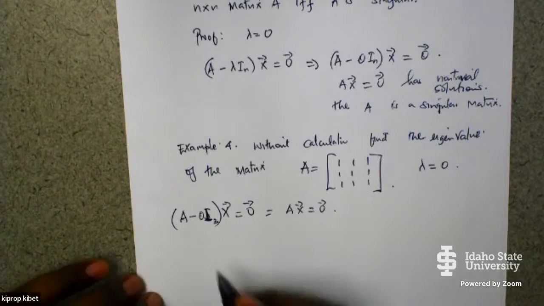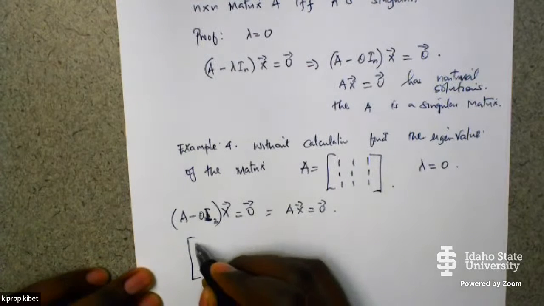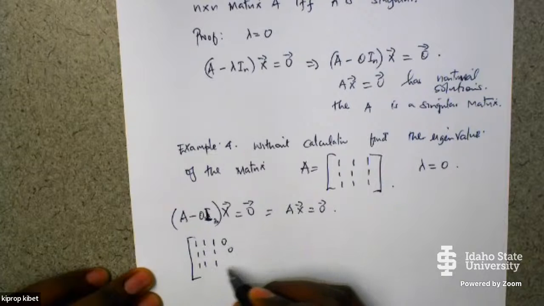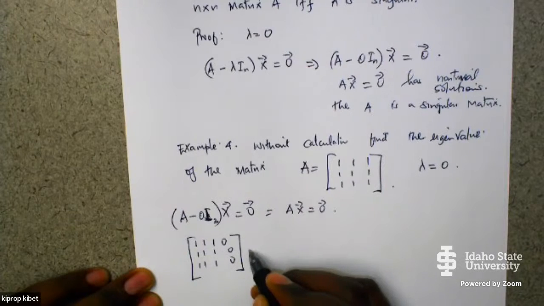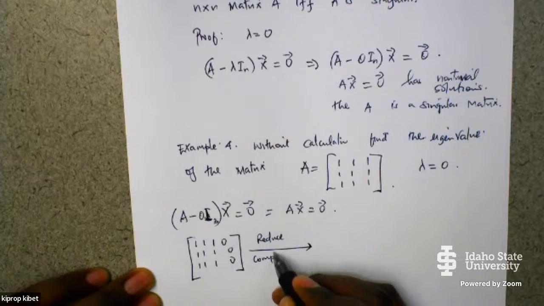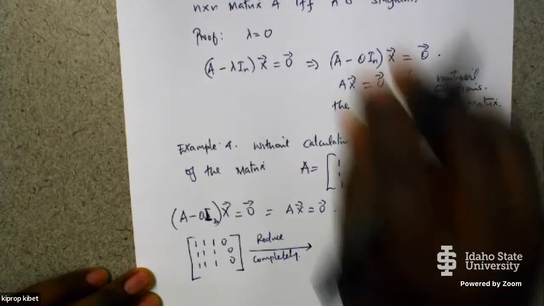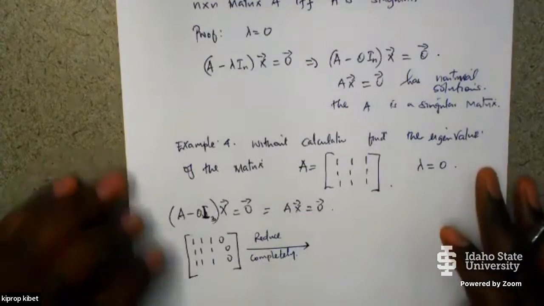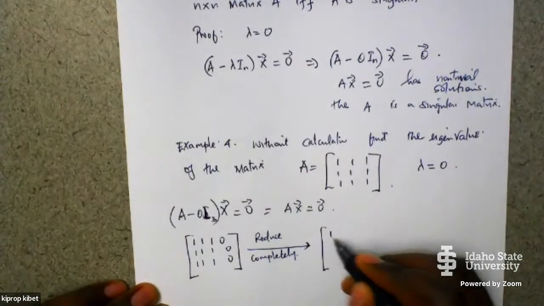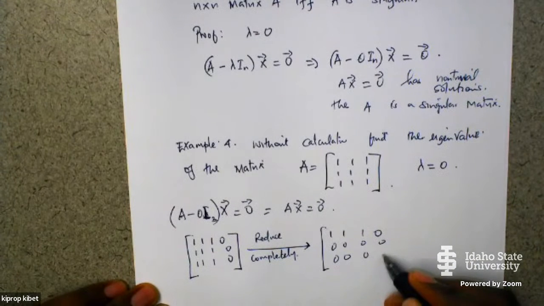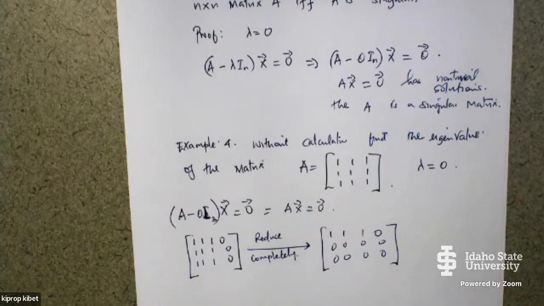Writing this in augmented matrix form, it is 1, 1, 1, 0, three times. Then we reduce completely, and what we get is 1, 1, 1, 0 with all other rows 0.